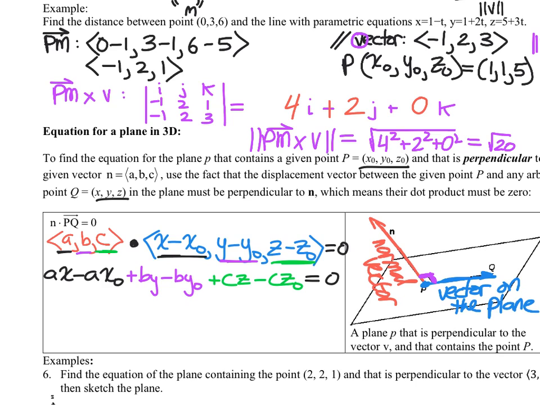I'm going to clean things up because ax sub o, by sub o, and cz sub o are all going to be scalar values. The variable stuff I want to keep on the left, so we're going to have ax plus by plus cz, and then everything else is going to go to the right. So ax sub o plus by sub o plus cz sub o.